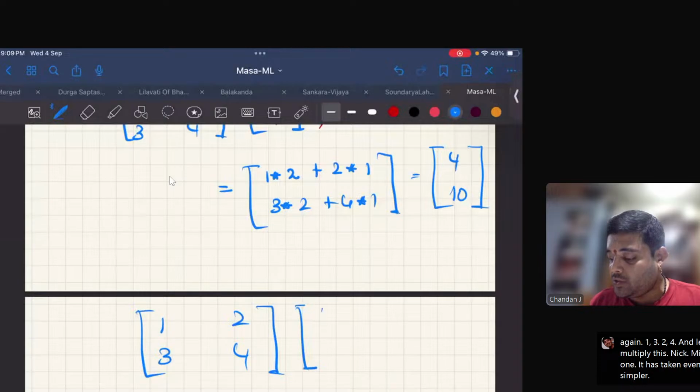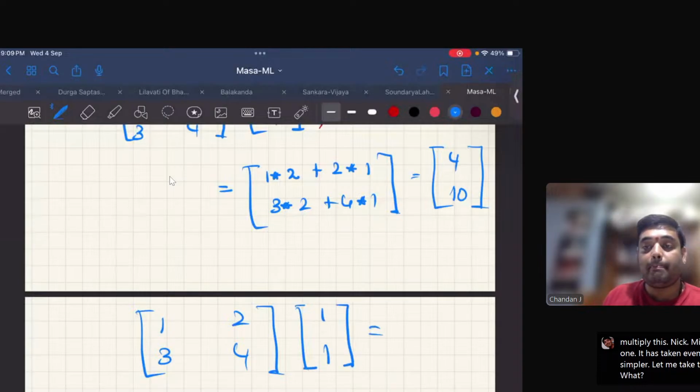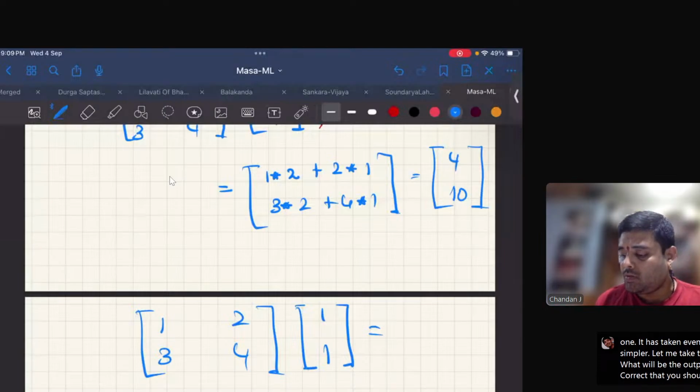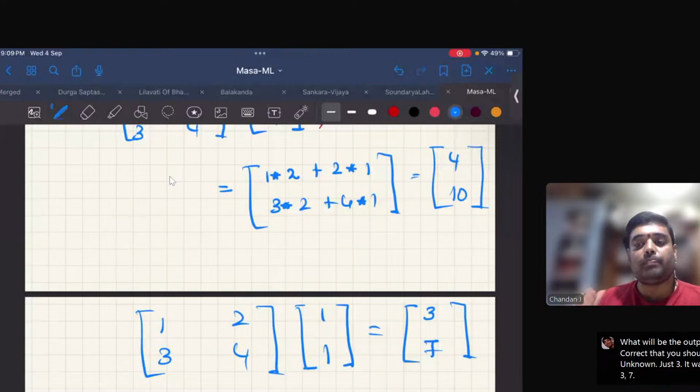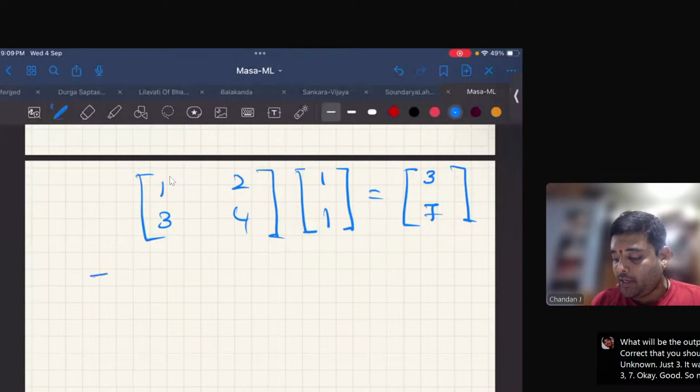Let me take this 1, 1. What will be the output of this? Calculate. You should be fast. This is 3, 3 plus 4, this is 7. So 3, 7. Good.